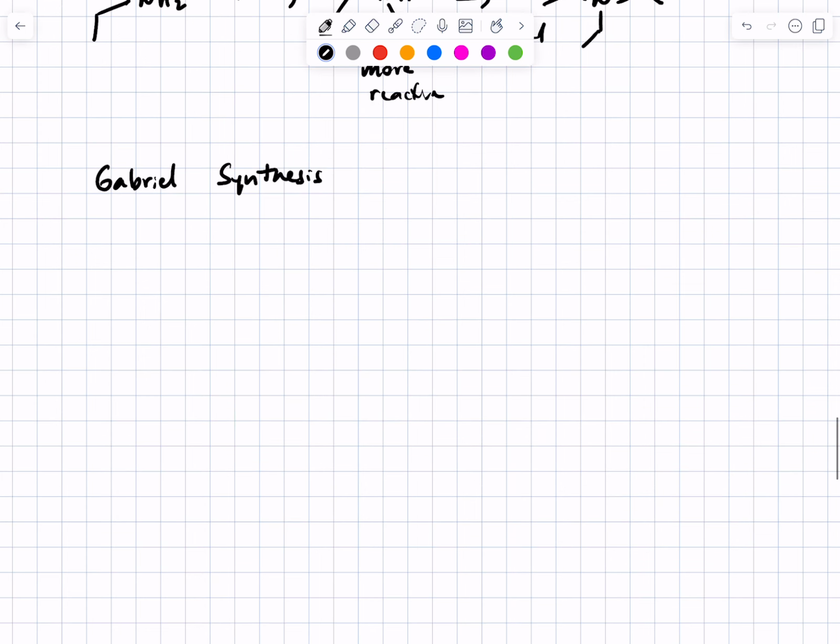And here's how it works. You take a starting material that has a nitrogen in it, but the lone pairs on the nitrogen are pretty well tied up in resonance with electron withdrawing carbonyl groups. This compound has a strange name that involves a pH and a TH, and you just basically pronounce that as F and a TH.